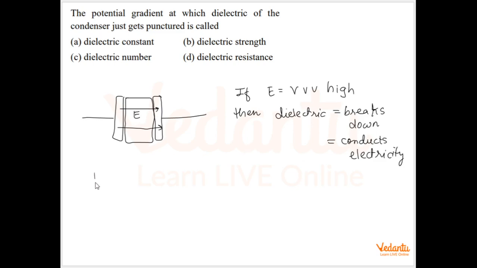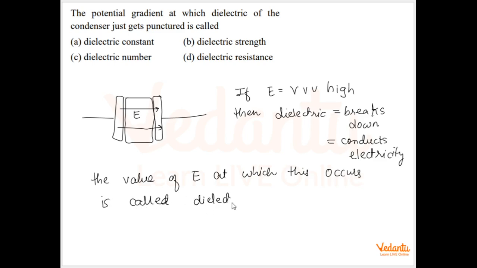Now the value of the electric field at which this breakdown occurs is called dielectric strength. Now here, therefore the answer will be option B, dielectric strength.